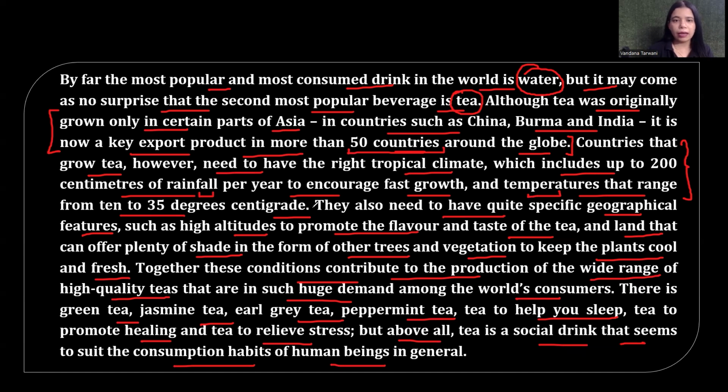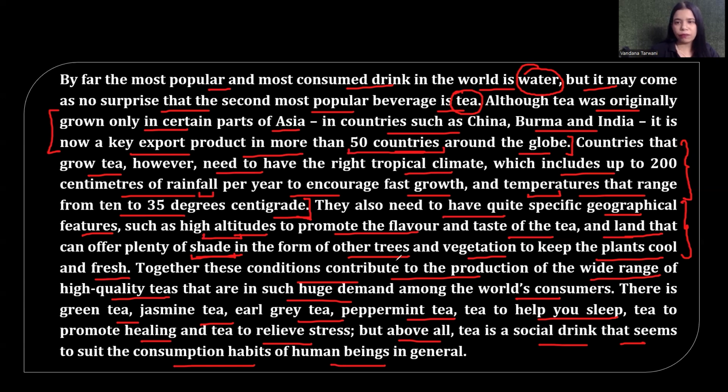And after temperature, this text talks about the geographical features that are required, the kind of land that is needed, high altitudes, plenty of shade. So geographical features is one supporting detail, and temperature is another supporting detail. The main idea is that after water, tea is the most popular beverage.